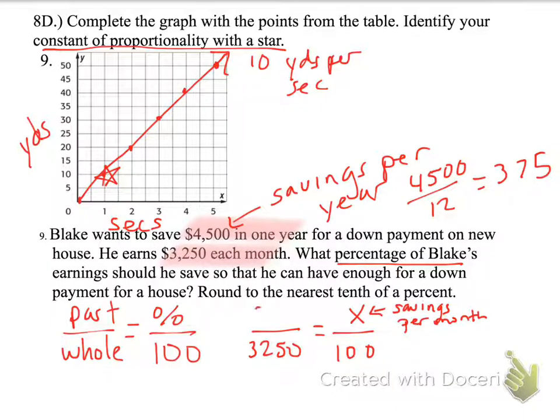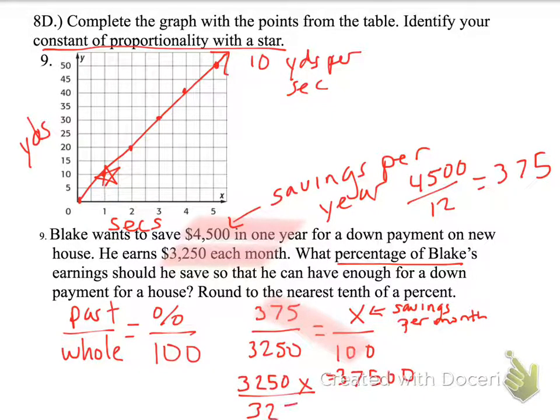So I'm going to put $375 over his monthly income, and then I'm going to solve my proportion. So when I solve my proportion, I get 37,500 equals 3,250 times x.